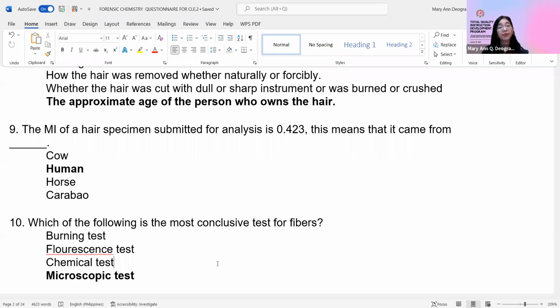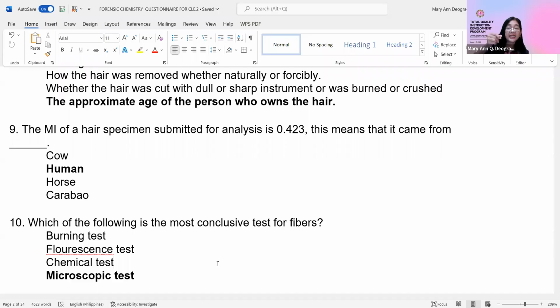Just like, for example, cotton. Cotton under the microscope is like a ribbon, which is flat and twisted right and left on its axis. Parang ganyan, umiikot-ikot ng ganyan.